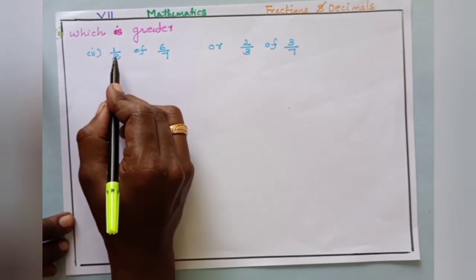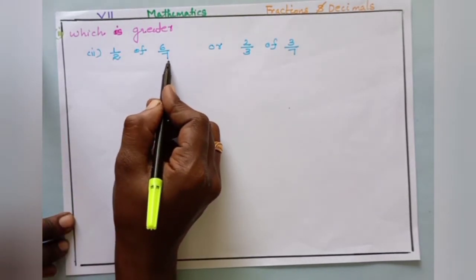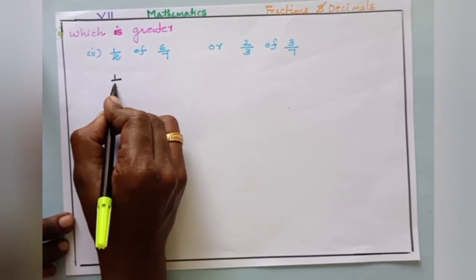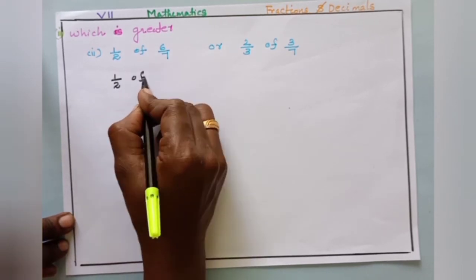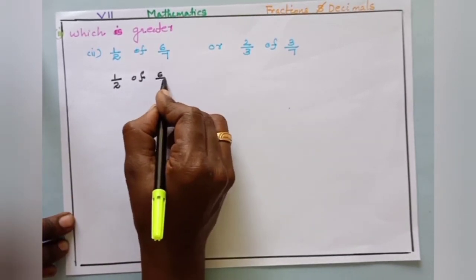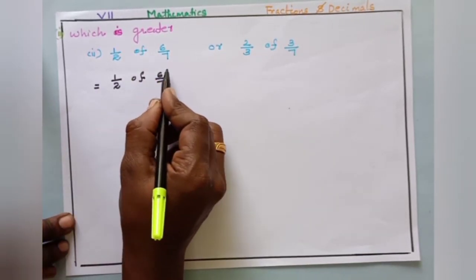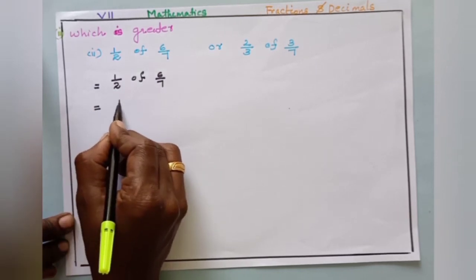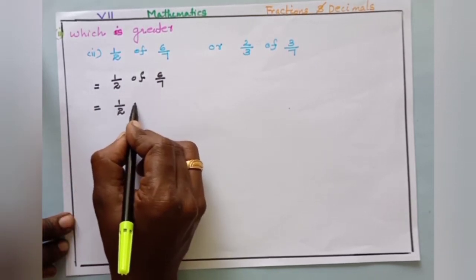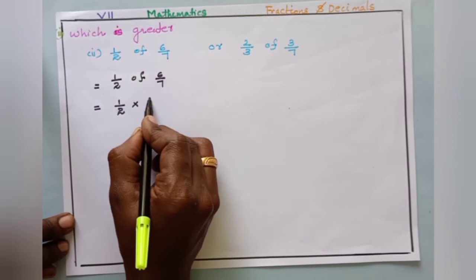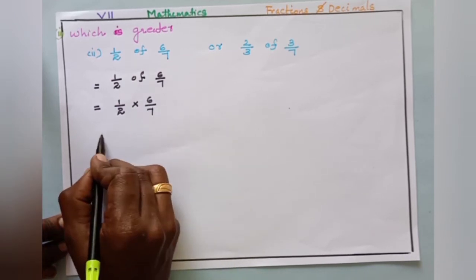Which is greater? 1 by 2 of 6 by 7 or 2 by 3 of 3 by 7. So 1 by 2 of 6 by 7 we can write as 1 by 2 into 6 by 7.